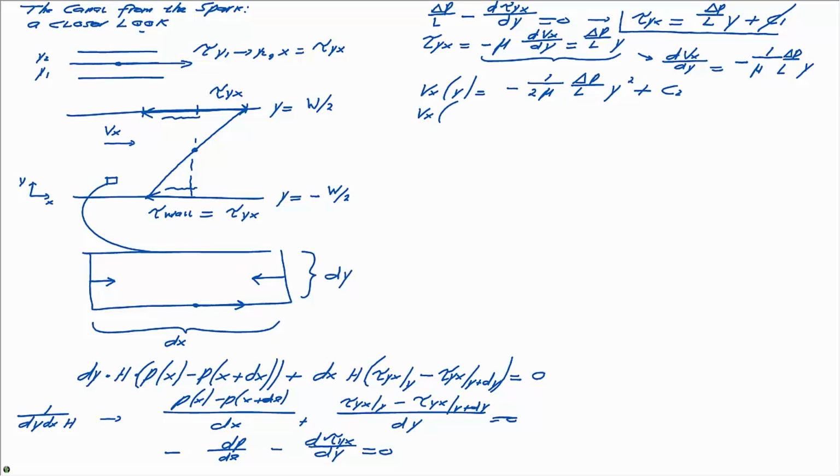The velocity at y is w over 2 is 0. We can put this in our equation, and then we can solve this for C2.